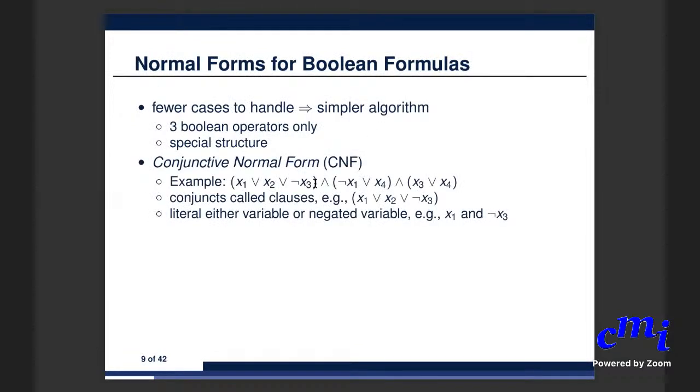So, one such normal form is the conjunctive normal form, which I'm sure most of you would have heard of, in which every Boolean function is represented by a formula that uses only disjunctions and conjunctions in a specific way, with negation appearing only at the leaves, at the atomic level. So a propositional formula is said to be in conjunctive normal form if it is a conjunction of a finite set of clauses, where every clause is a disjunction of literals, where a literal is positive, that is a propositional variable, or its negation.